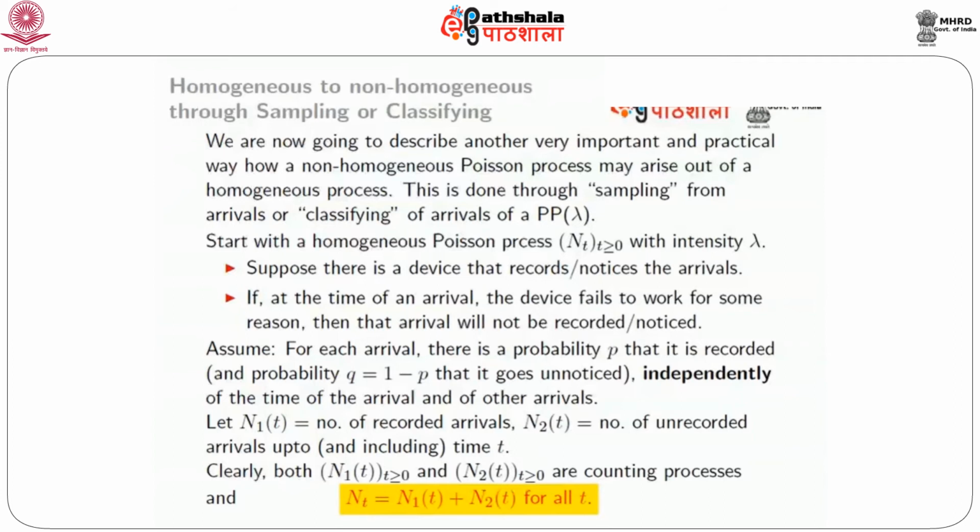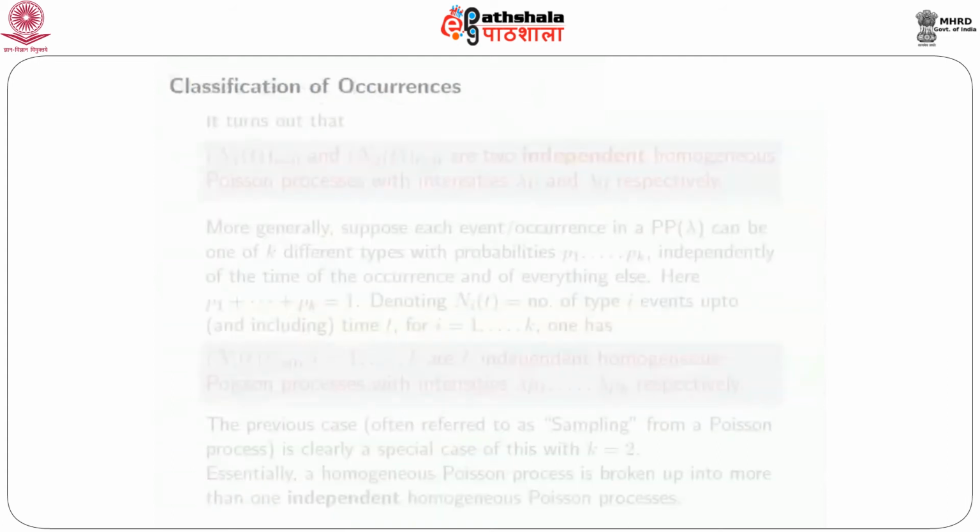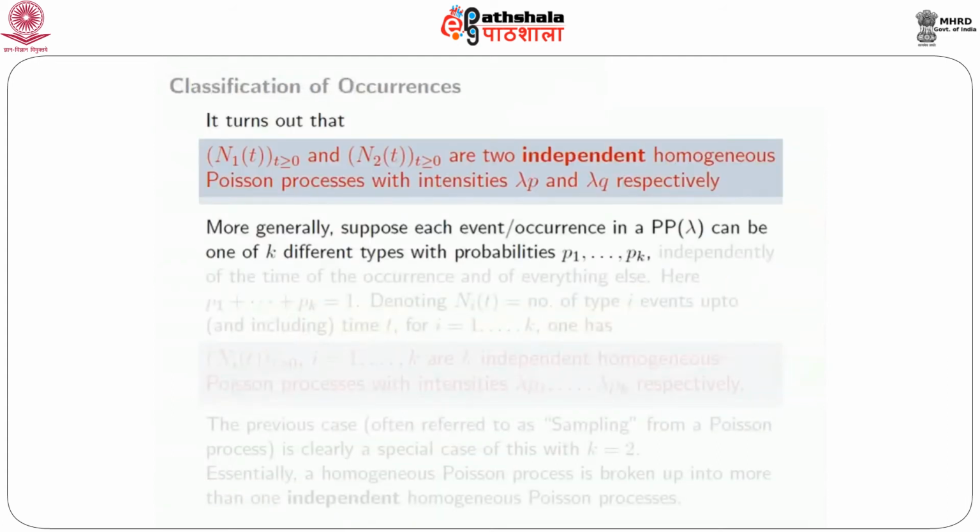However, one thing is clear: both N1 t and N2 t are counting processes, which should be clear from the definition, because one is the number of recorded arrivals and the other is the number of unrecorded arrivals up to time t. And moreover, the original N t process is the sum of N1 t plus N2 t. That's clear, because up to time t the total number of arrivals must be the number of recorded arrivals plus the number of unrecorded arrivals.